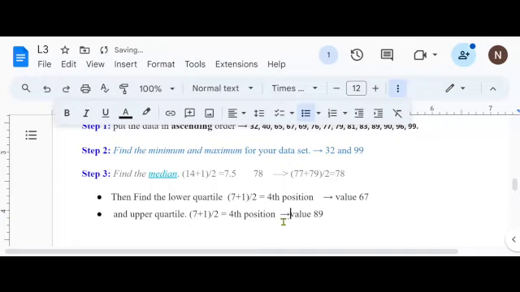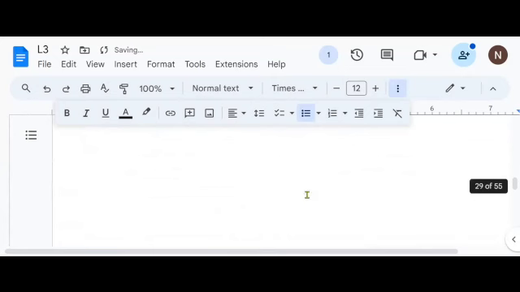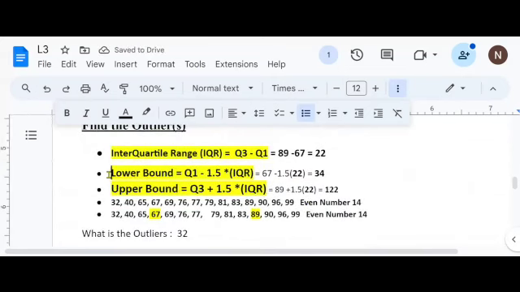That will help us to do what? You remember finding the lower boundary and the upper boundary? You need to find the interquartile range, which is not required in this exercise, but consider this a continuation.